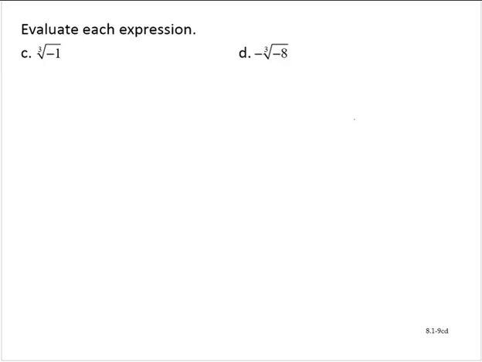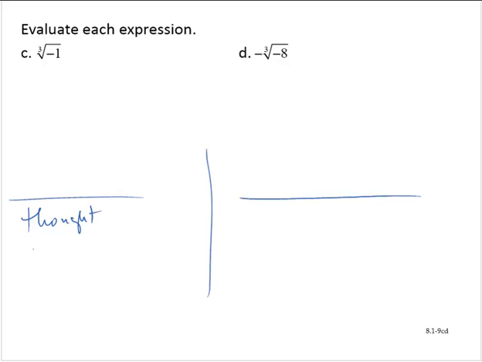The cube root of negative 1. Now I might stop and say, oh, well, that's not real because there's a negative under the radical. But wait a second, this is a cube root, not a square root. Here's my thought: is there a number that I can raise to the third power and get a negative 1?